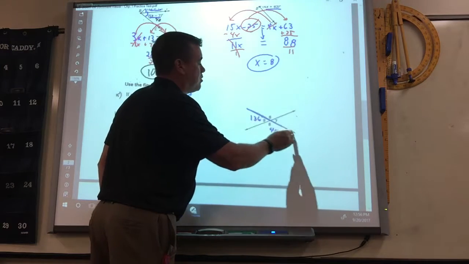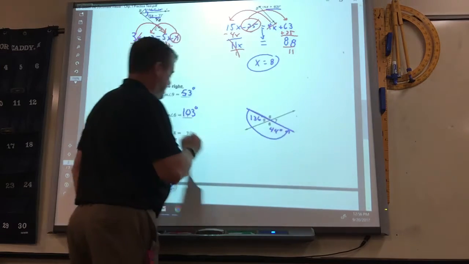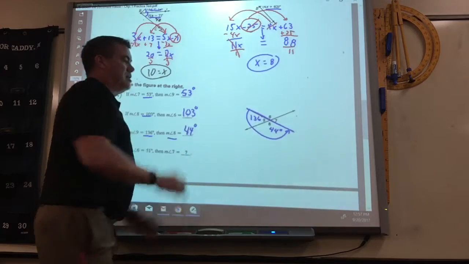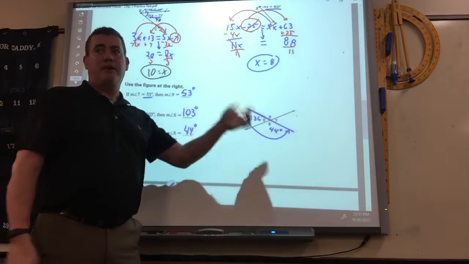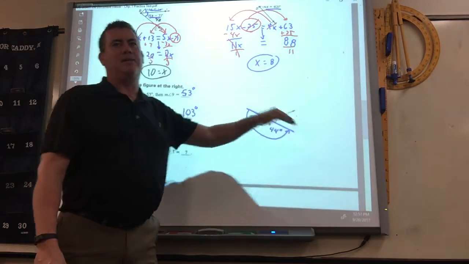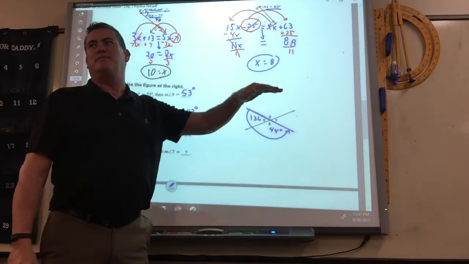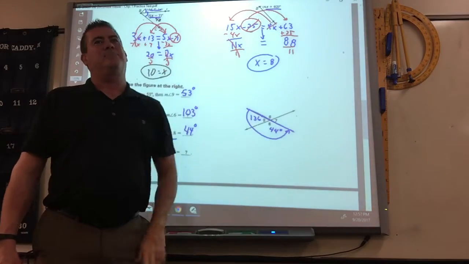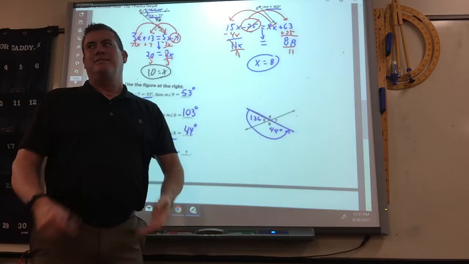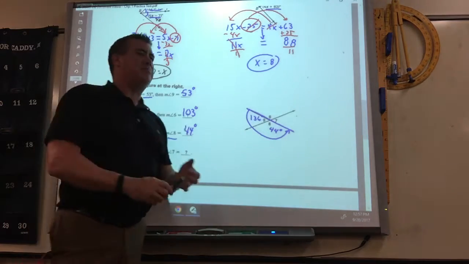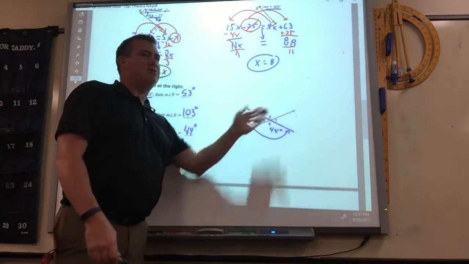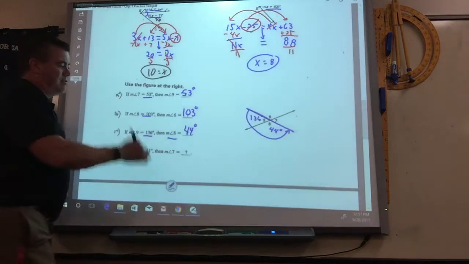Because together these form a straight line. Now, do you remember what those are called when they're next to each other? They are adjacent, but when they form a straight line, they are supplementary, a linear pair. So they're adjacent, they're supplementary, they're called a linear pair because they make a straight line. You'll need that for the next page.